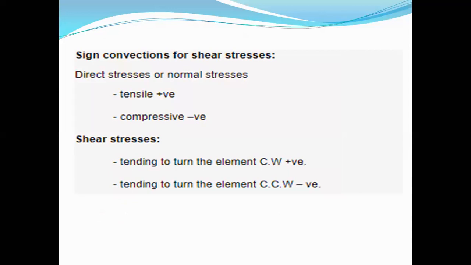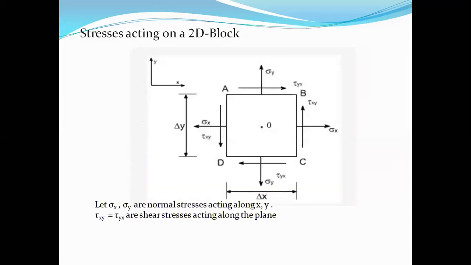So we must understand what kind of convention we need to use while analyzing the stresses acting on a 2D block. I repeat, look at here: the stresses which are directed away from the two-dimensional block, all these normal stresses, are of tensile nature.